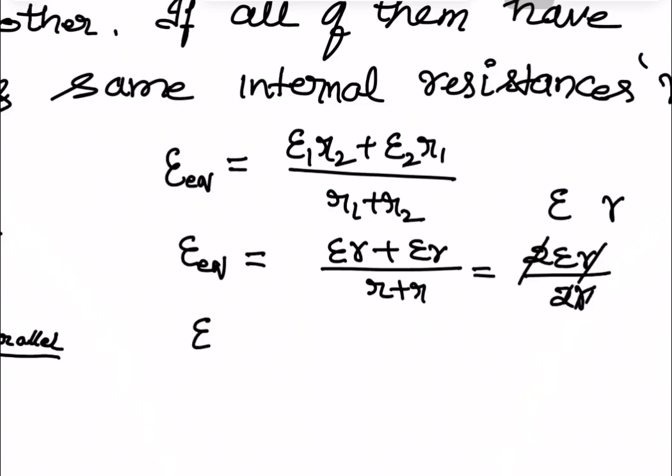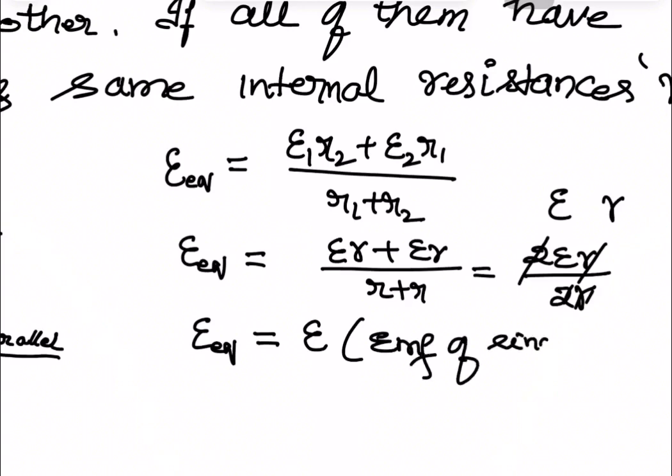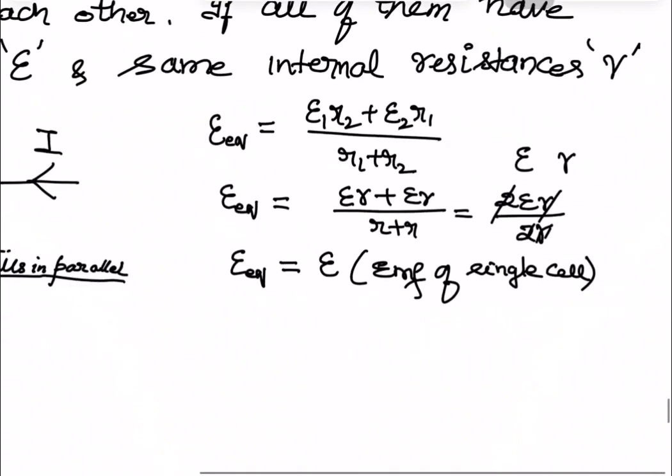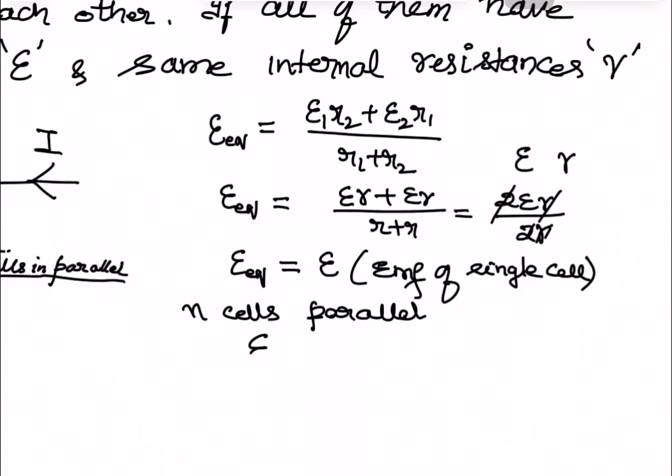So, that comes down to: the equivalent EMF of two cells of same EMF is just the EMF of a single cell. The equivalent EMF of two cells when connected in parallel is nothing but the EMF of a single cell. Similarly, if 3 cells, 4 cells, 5 cells are connected in parallel, each having the same amount of EMF, we can write that equivalent EMF is equal to the EMF of a single cell.